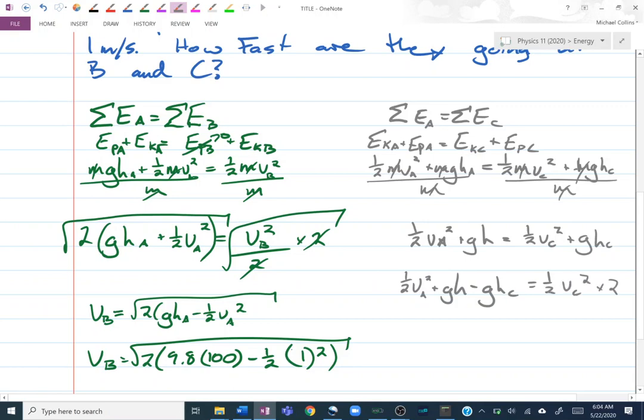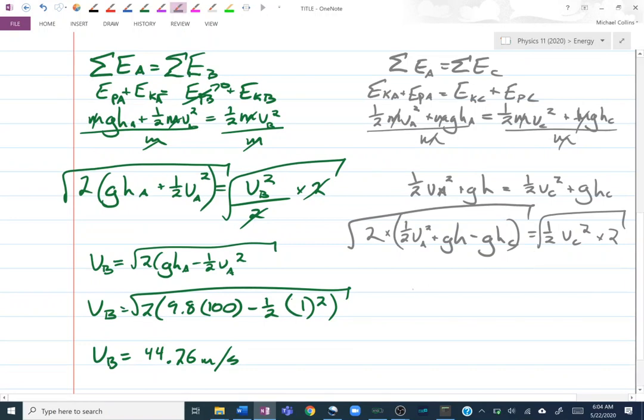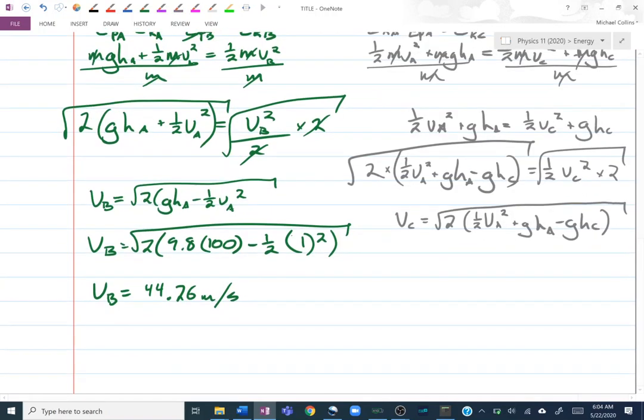I can then multiply by 2, take the square root, and I end up that the velocity at C is going to be equal to 2 times a half v_A squared plus g h_A minus g h_C, and then the square root of that whole thing. I'm going to write down here just so I have some space. Velocity C is equal to 2 times a half.